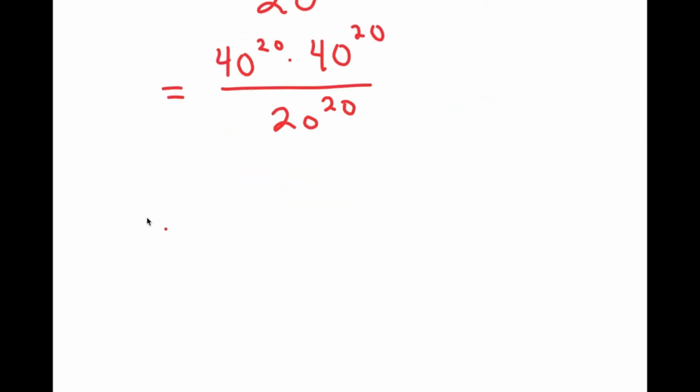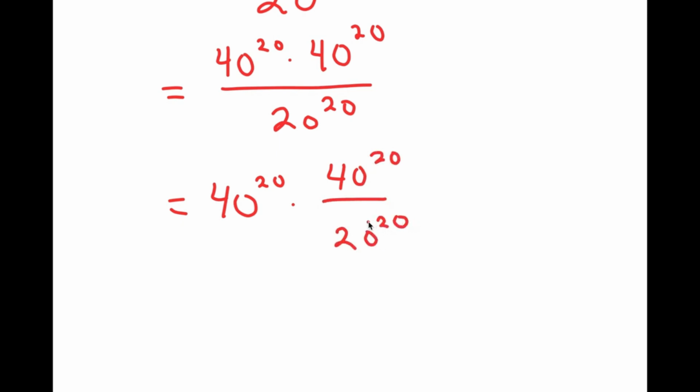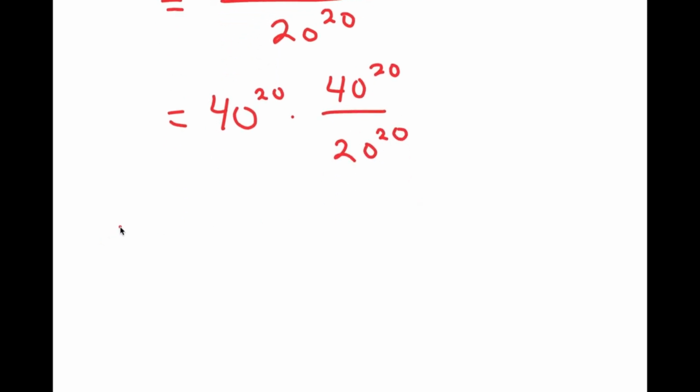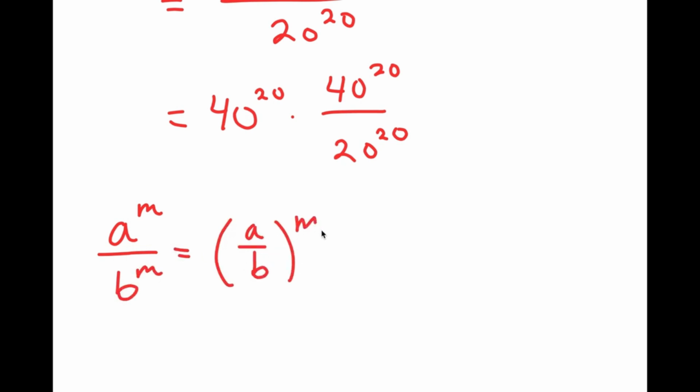Now from here, I can rearrange this to be 40 to the power of 20 times 40 to the power of 20 over 20 to the power of 20. And if I have something in the form a to the power of m over b to the power of m, this is equal to a over b to the power of m.